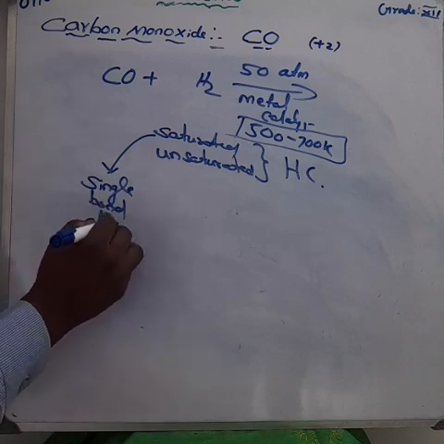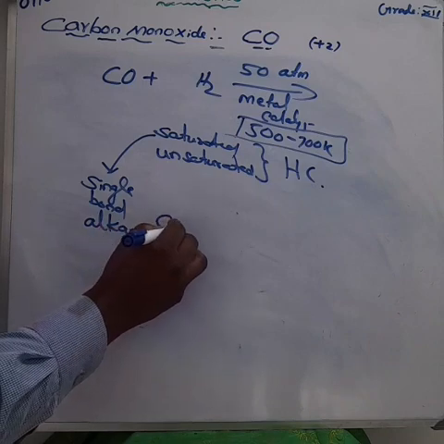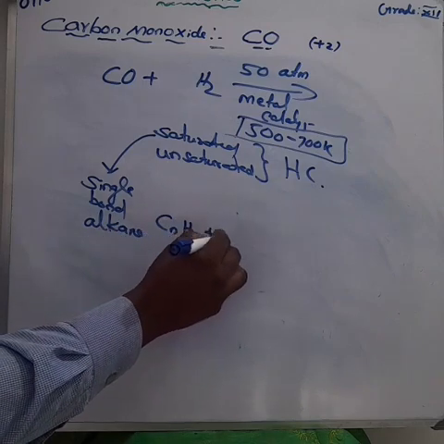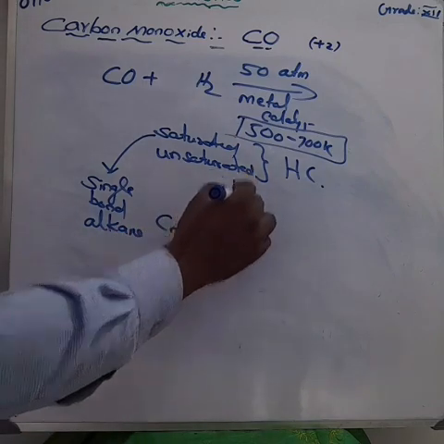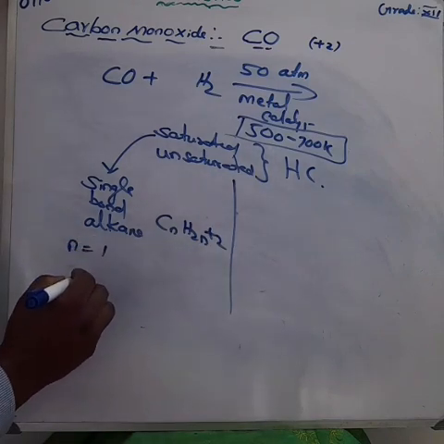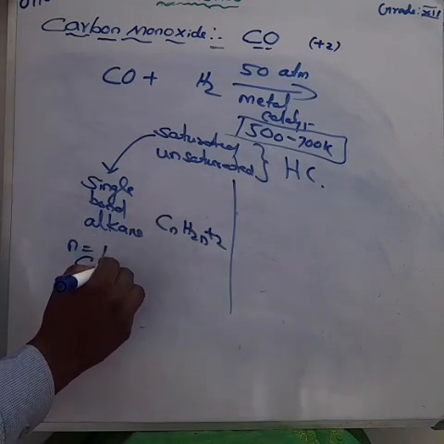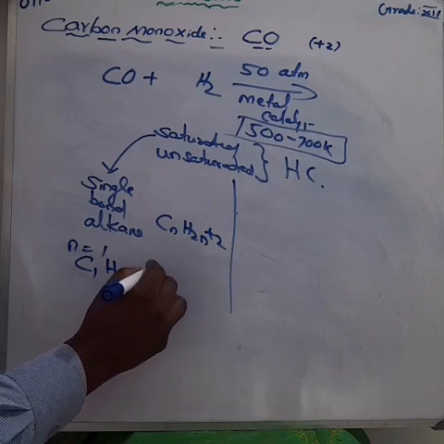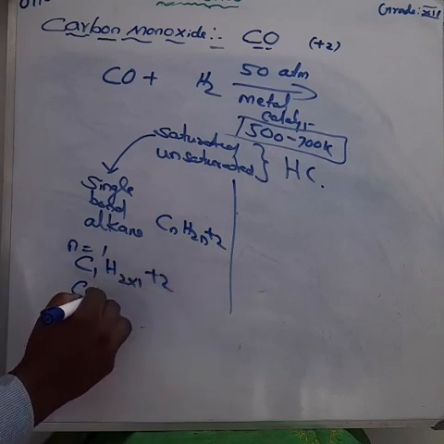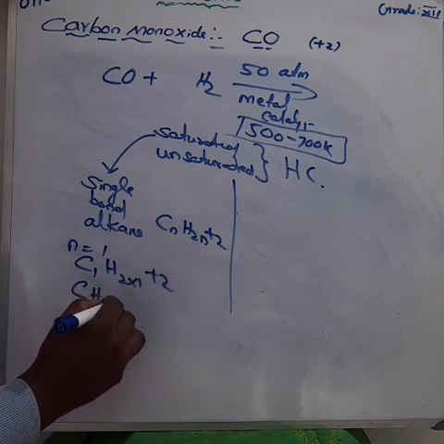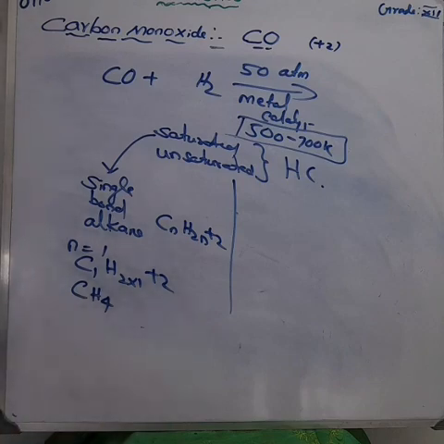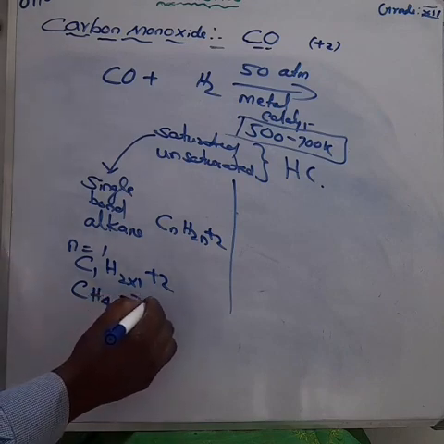The general formula of alkane is CnH2n+2. For example, n equals 1: C into 1, H into 2 times 1 plus 2, that is CH4, which is methane.